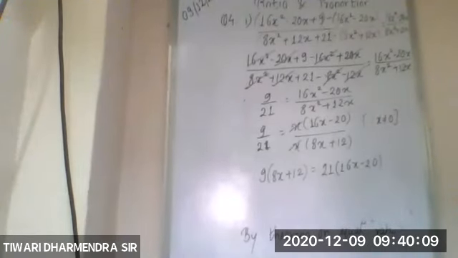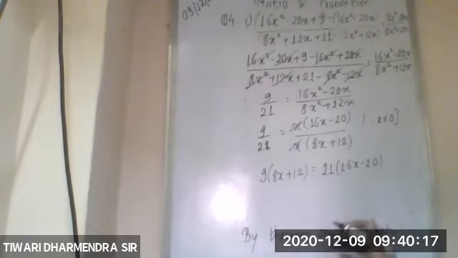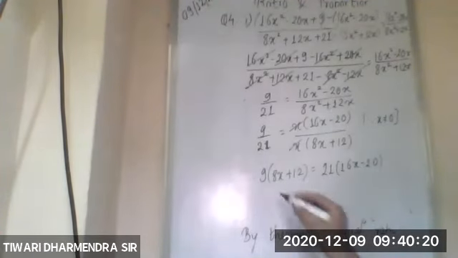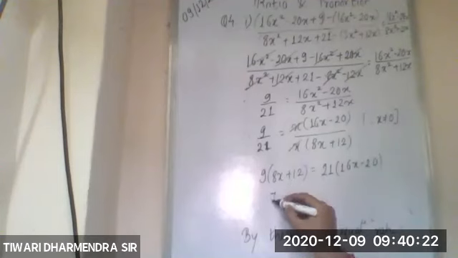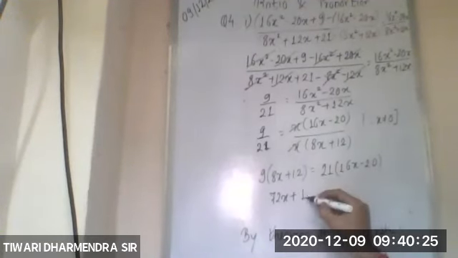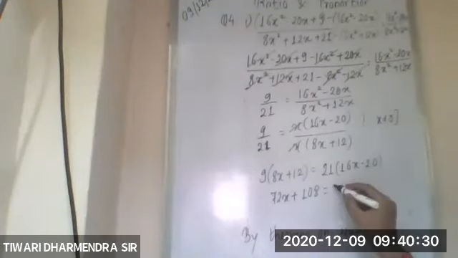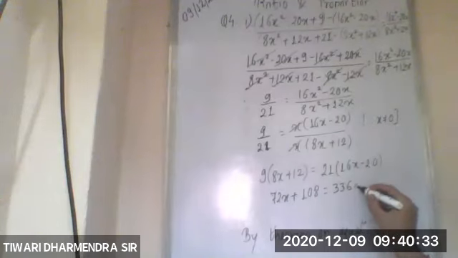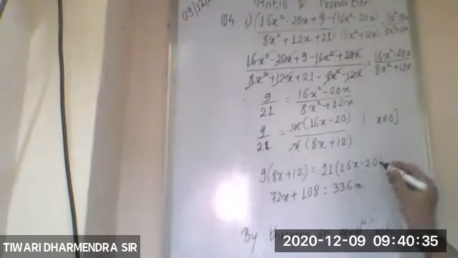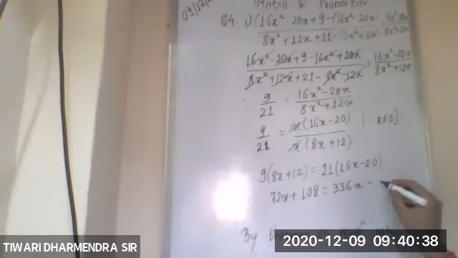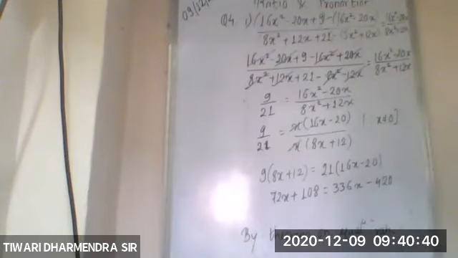From here, what do we get? This is nothing but easy calculation, which you can do by yourself. 8 nines are 72x plus 12 nines are 108, is equal to 21 into 16, that is 336x, minus 21 into 20, that is minus 420.